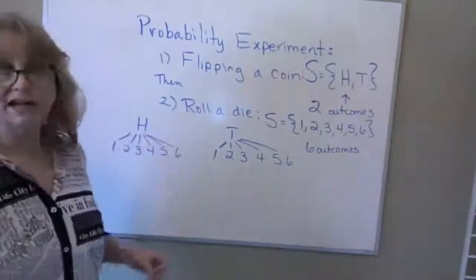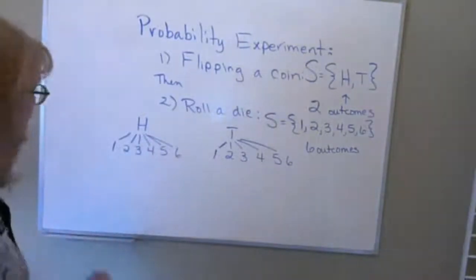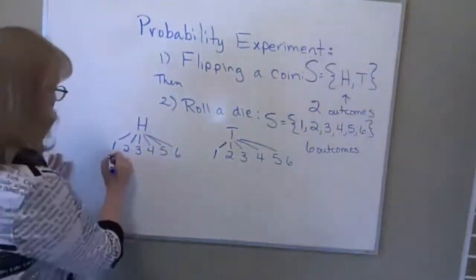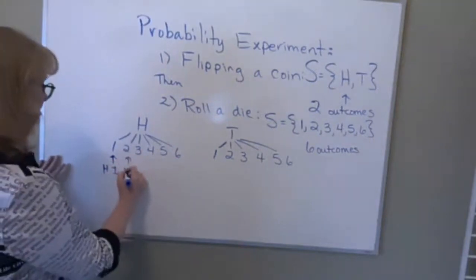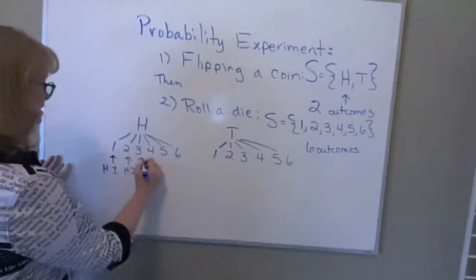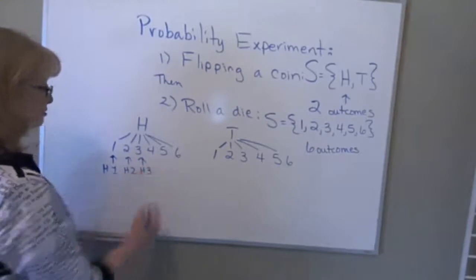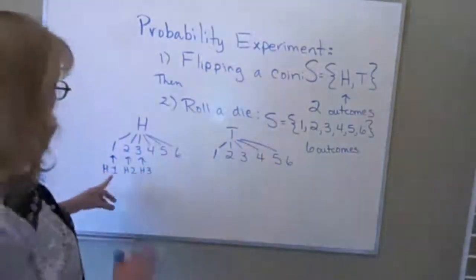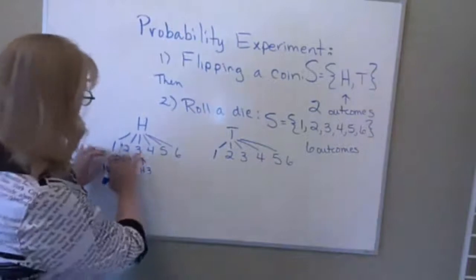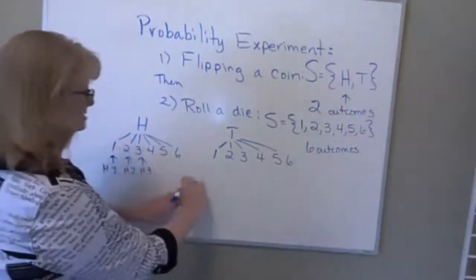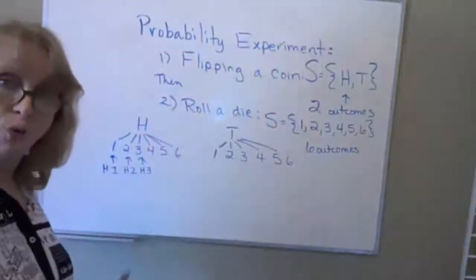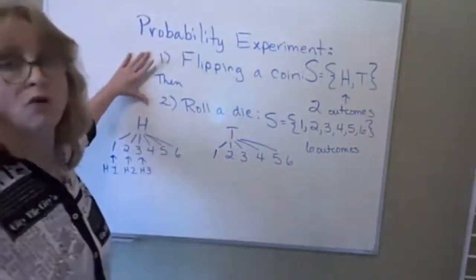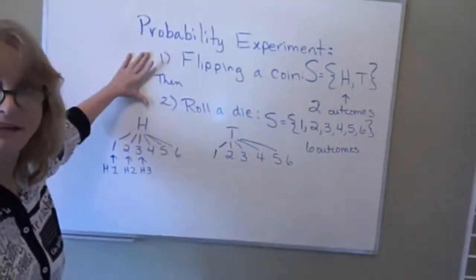This is called a tree diagram, where I'm showing all the possibilities. Like this one is getting heads and then a 1. This one is getting heads and then a 2. This one's getting heads and then a 3. Do you see how, altogether, there are 6 possibilities here and 6 possibilities here, so a total of 12 possible outcomes for the sequence of events.